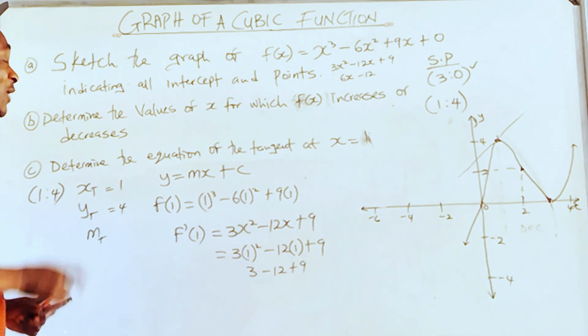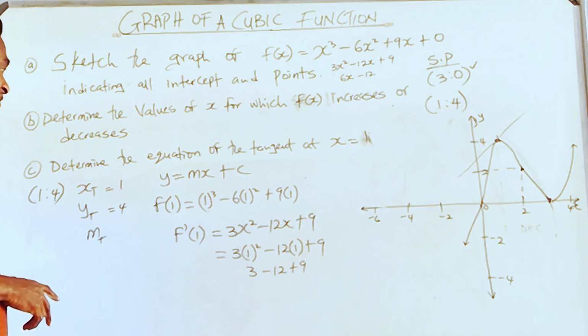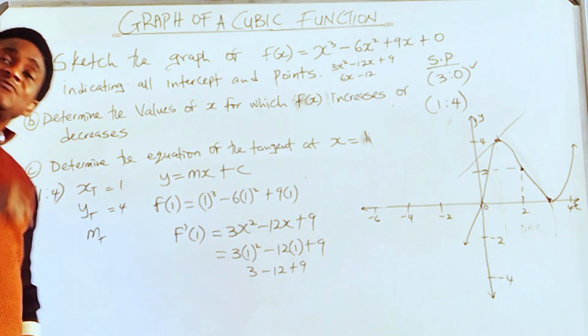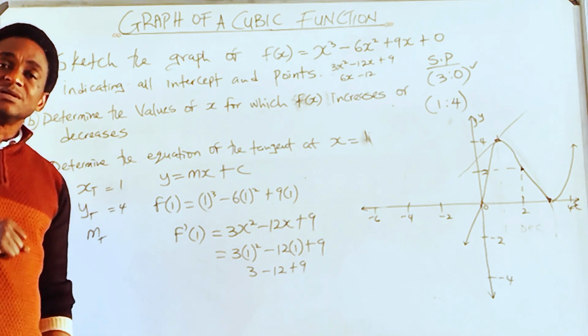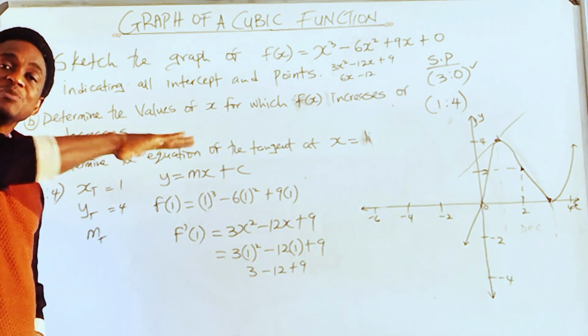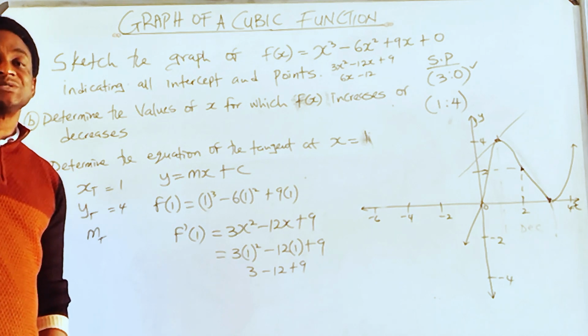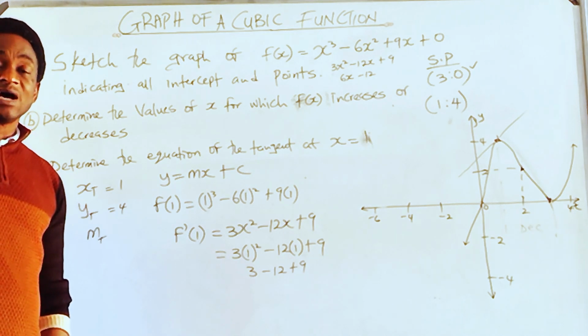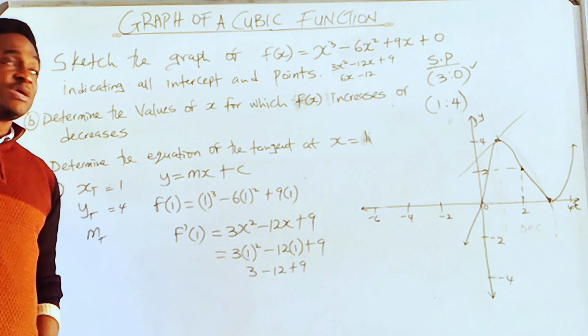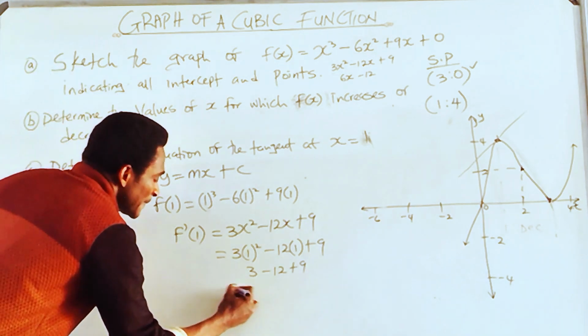What does that mean? That was why initially I wanted to change this, because we have a 0. The gradient is 0. And if the gradient is 0, what does that mean for the graph? Remember, it means we are going to have a horizontal graph.